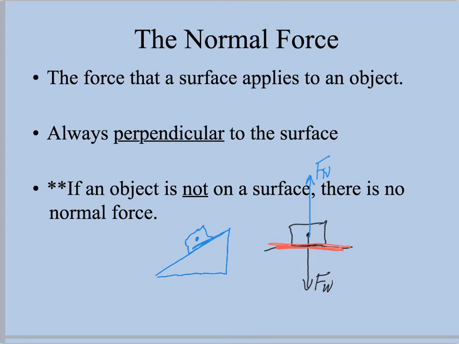The box is sitting on this surface. So if I was going to draw the normal force for that, I would draw it perpendicular, at a 90-degree angle, to the red line. You would not draw it straight up like that. And of course, weight would still be straight down. Always straight down. Weight's always going to pull straight down on your paper.